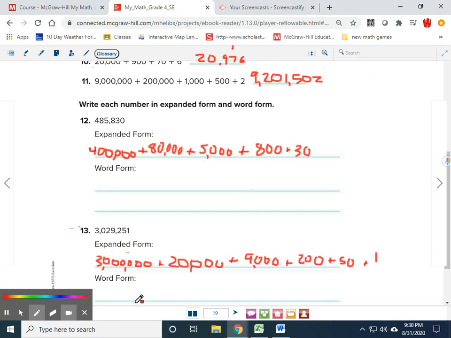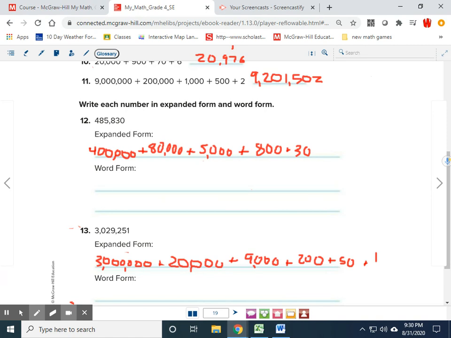Okay, so if you're checking your work here, you can see that we have on the first one 400,000 plus 80,000 plus 5,000 plus 800 plus 30. And if we were to write that in word form, it would say 485,000, comma, 830.